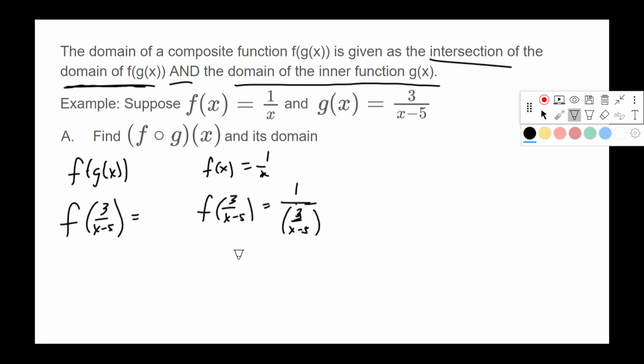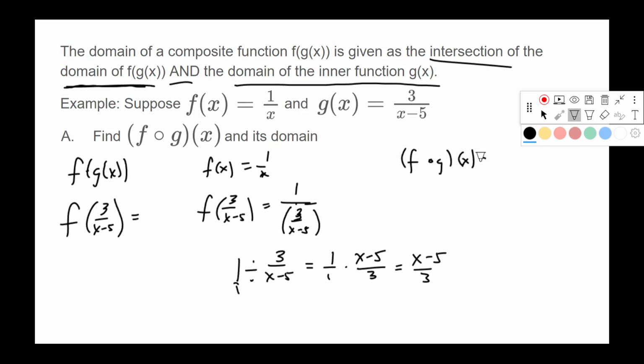So that's 1 divided by 3 over x minus 5, which I can put a 1 underneath, 1 over 1 times x minus 5 over 3. So that's going to be x minus 5 over 3. So f of g of x is x minus 5 over 3.